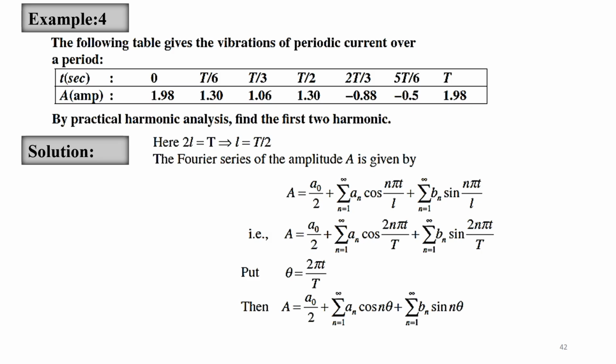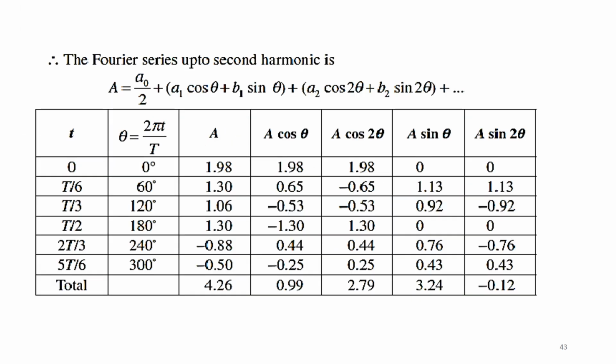Now instead of L I am substituting T by 2, so I will get 2n pi t by capital T. N is the changing value, so 2 pi t by capital T will be my theta value or x value. Okay, so I am just taking it as theta.